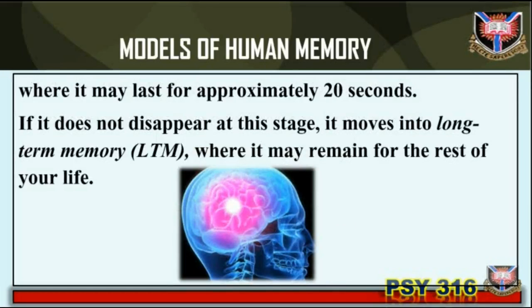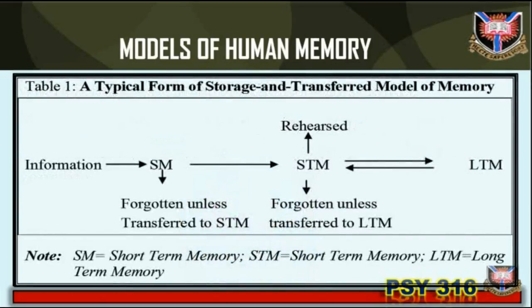Atkinson and Shiffrin's storage and transfer model of memory states that information comes through the senses and enters sensory memory. It may then enter short-term memory, where it remains for no more than a few seconds unless held longer by rehearsal.